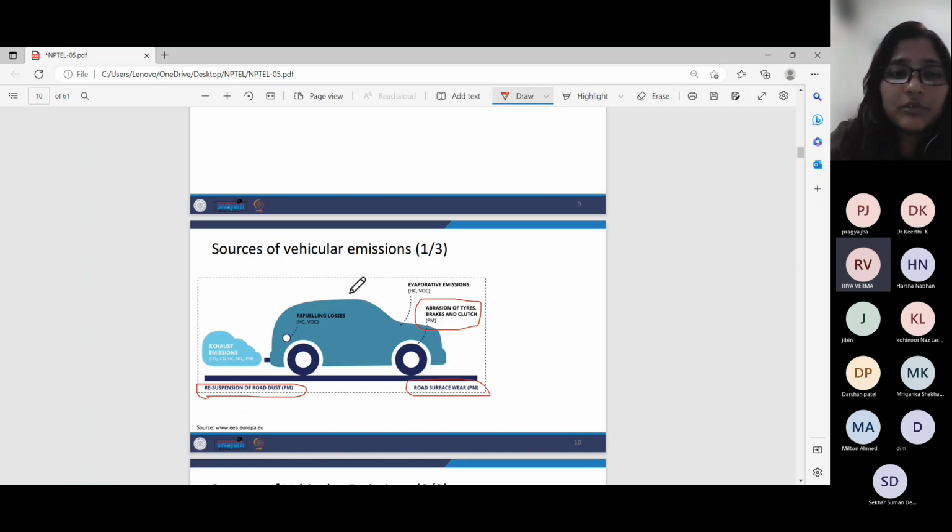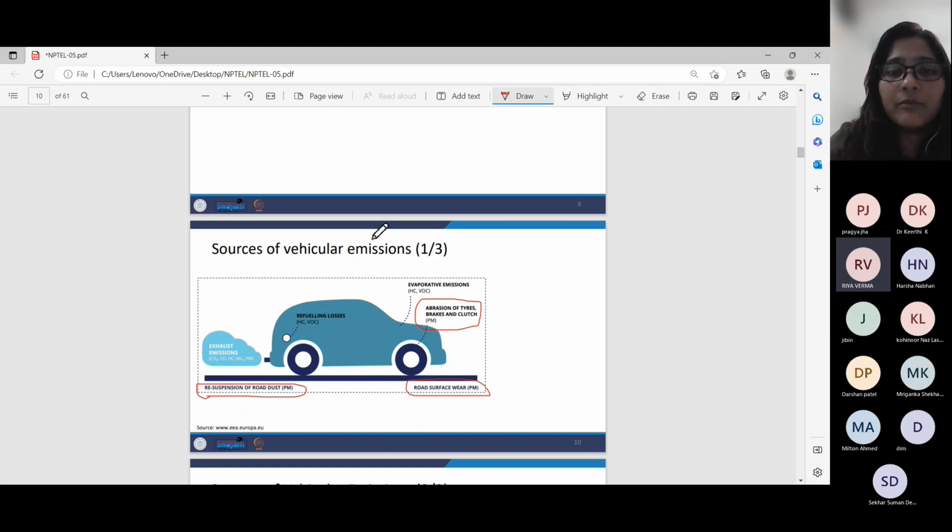So you can clearly observe that vehicular emissions include a major amount of particulate emission. That is why in the metro cities, where the number of vehicles on the roads is quite high, the amount of particulates in the environment is also comparatively higher.